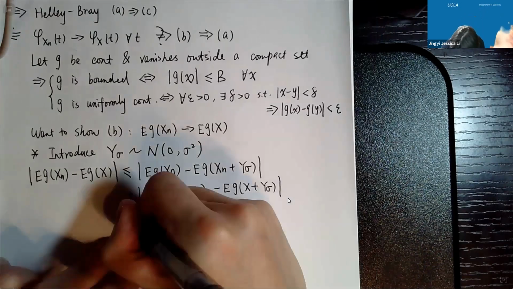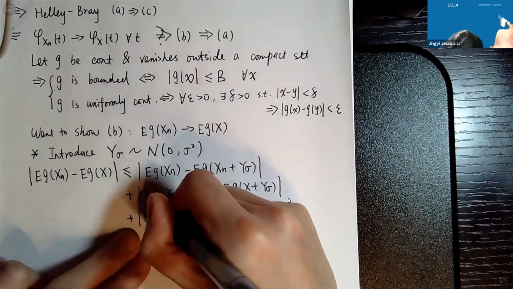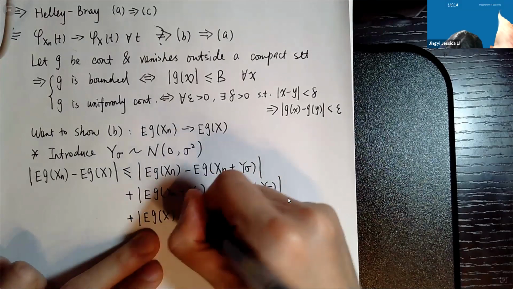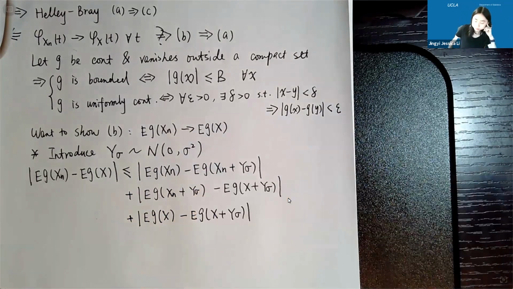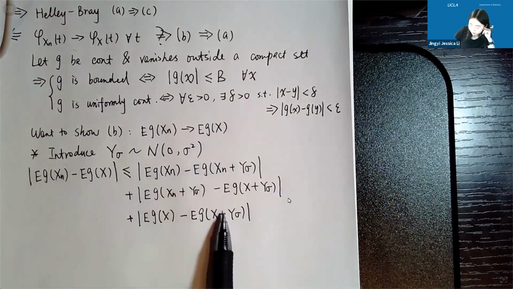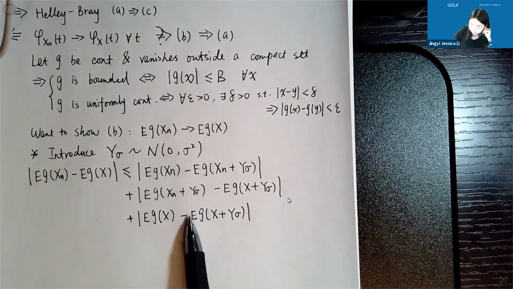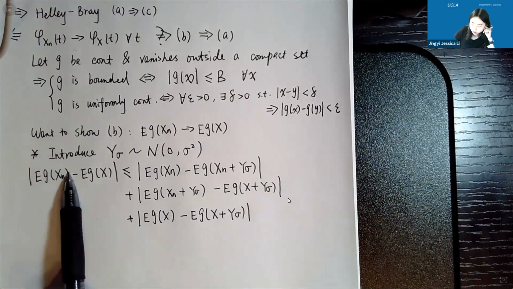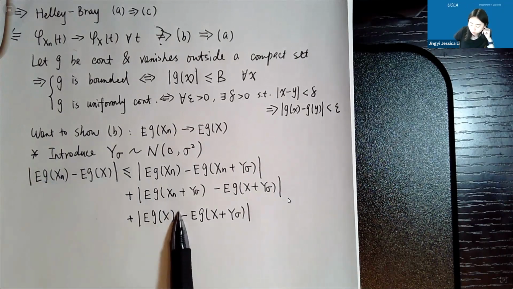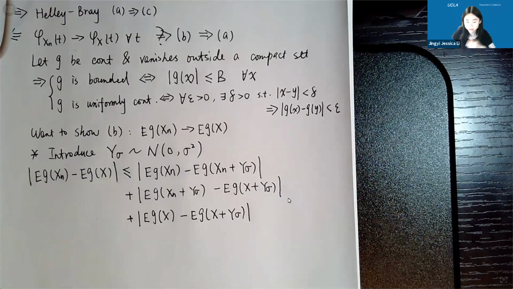And the third term is the expectation of G(X) minus the expectation of G(X plus Y sigma). Basically, if you remove the absolute value, you will see the terms cancel each other. I need to swap these 2 terms in the third one: expectation of G(X plus Y sigma) minus expectation of G(X). Then after cancellation, the left-hand side and the right-hand side are equal without absolute values. But by adding absolute values, I'm having this upper bound. That's just a very simple property of adding absolute values.